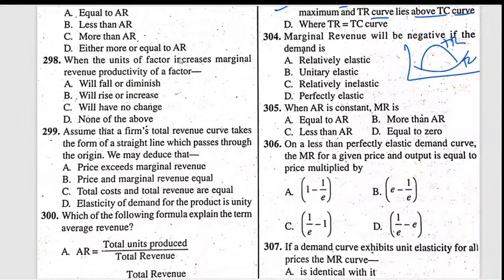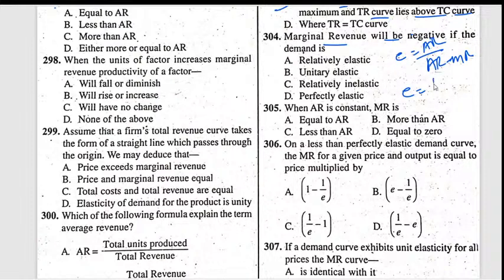Moving ahead to question number 304. Marginal revenue will be negative if the demand is. Again we'll go with the formula E = AR upon AR minus MR. It is saying that marginal revenue will be negative, so it is AR upon AR minus a negative term, like something minus MR. Minus will get plus, so the formula will be AR upon AR plus something.